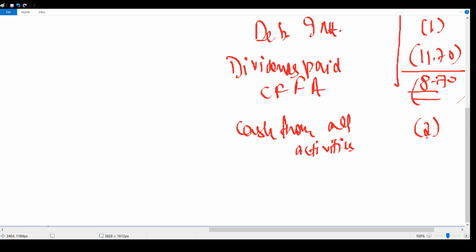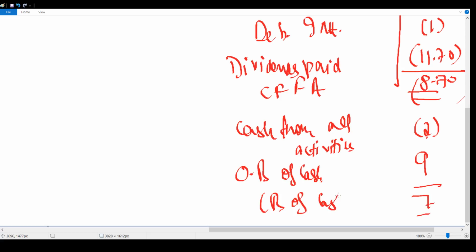And cash and cash equivalents: the opening balance of cash, we are given as 9 crore. The closing balance of cash, 7 crore, we are not given but we have calculated it as a balancing figure.